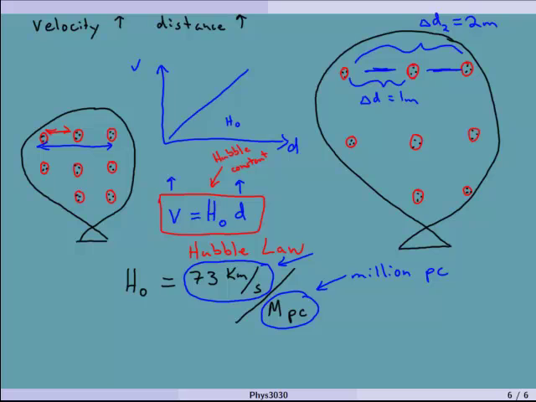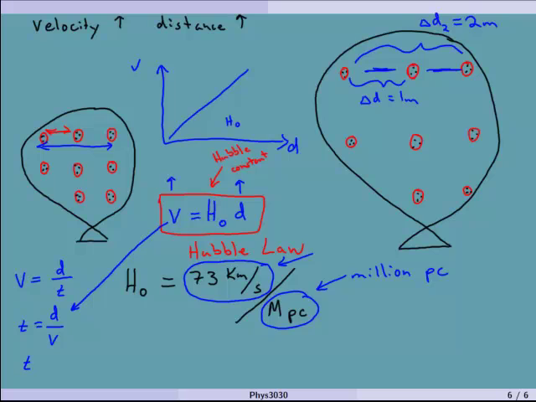And I want to point out something here as well with the Hubble law. So I want to take our definition of velocity, right? So velocity is equal to some distance over some time, change in distance over change in time. So I can solve this for time. So I just flip things around. So the time is equal to the distance over the velocity. But I have this special velocity, so let's put that into the equation.